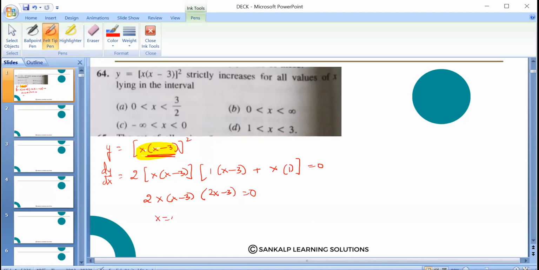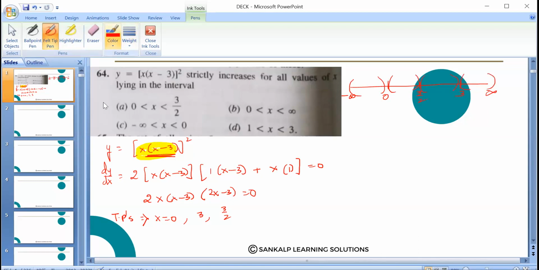The values of x you get as turning points are x equal to 0, 3 and 3 by 2. So on the number line, take 0, 3 by 2 and 3. Go from minus infinity to infinity, making 4 intervals.